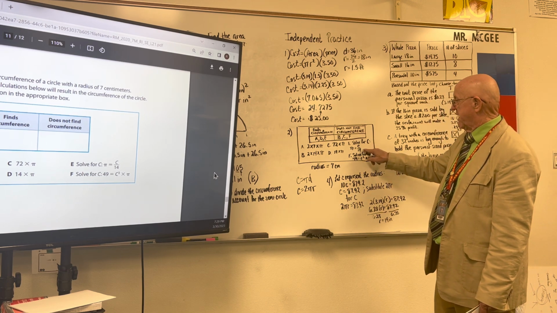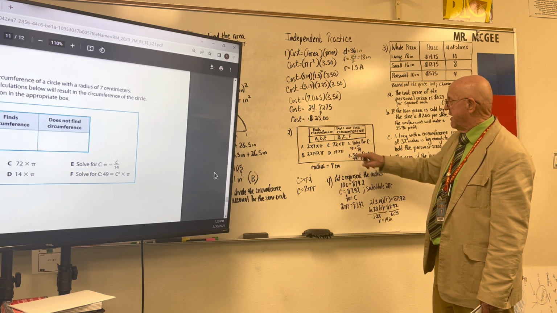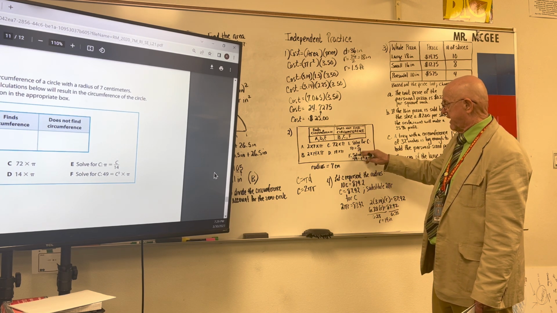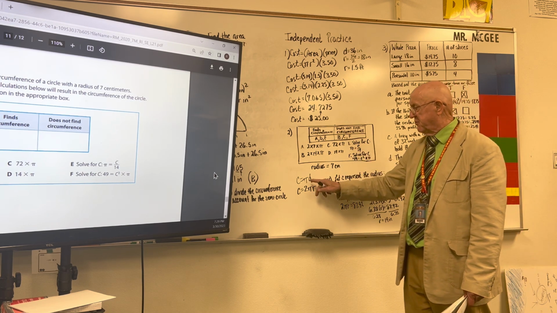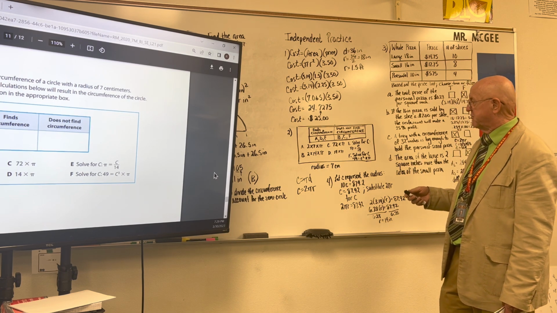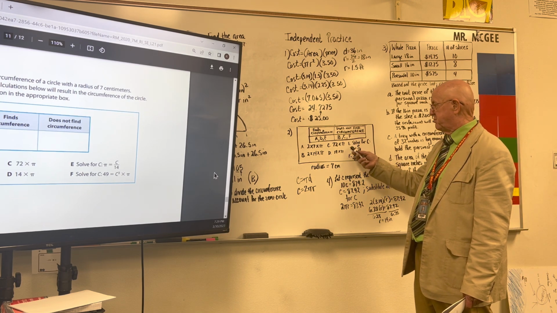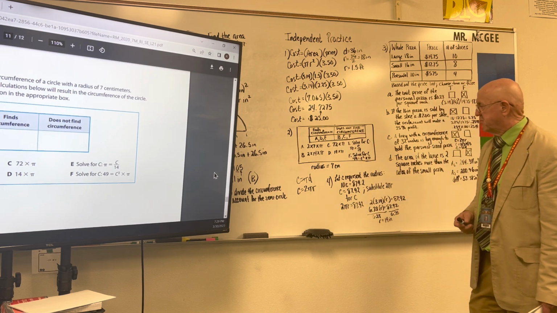In order to solve that, I would multiply by 14 on both sides. That would cancel out there and give me C is equal to 14 pi, which is exactly what the formula for circumference is. C is the diameter times pi. So E would go in the find circumference block.